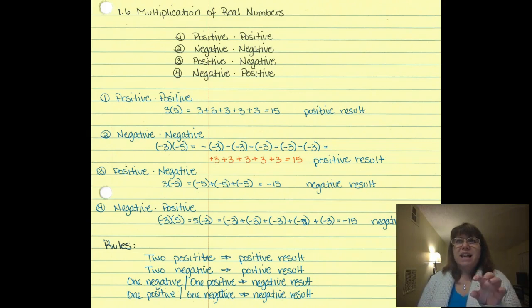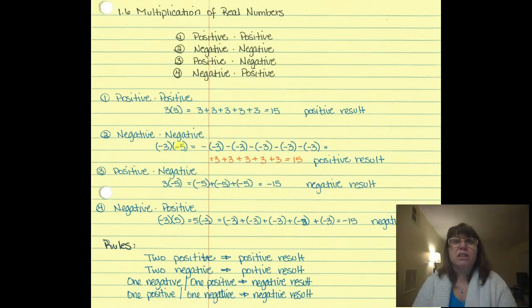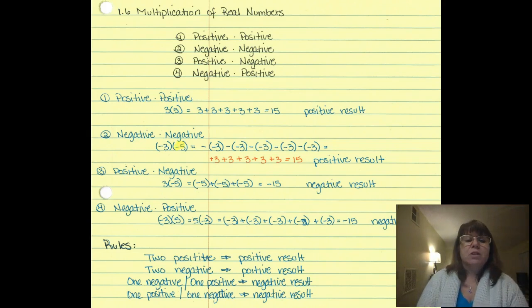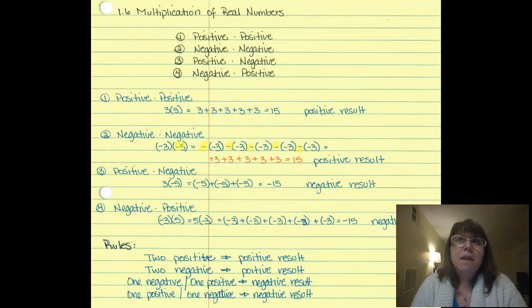Now the negative times a negative is a little weird to explain, but here's how I'm going to explain it. If I wanted to rewrite it like the positive times positive, but now I'm doing negative times negative, I have to carry this negative from the 5 along with the negative 3's. So it becomes negative negative 3, five times.